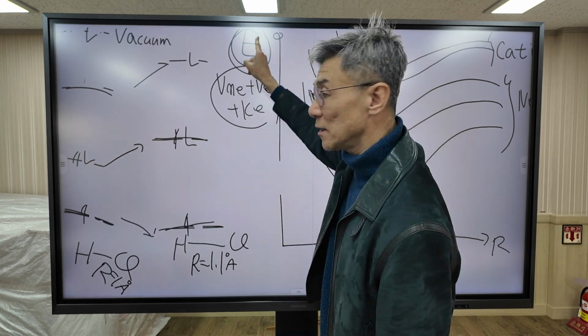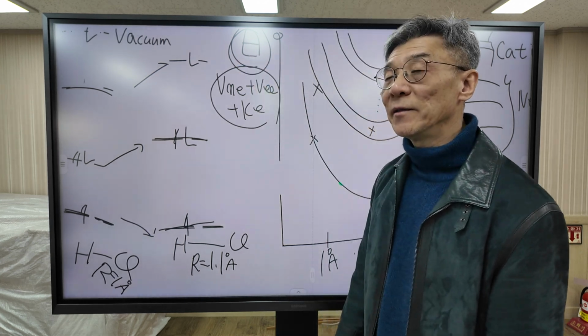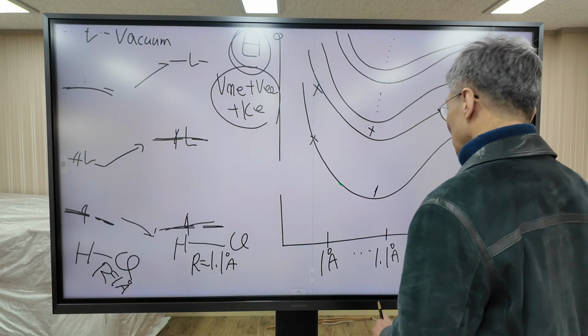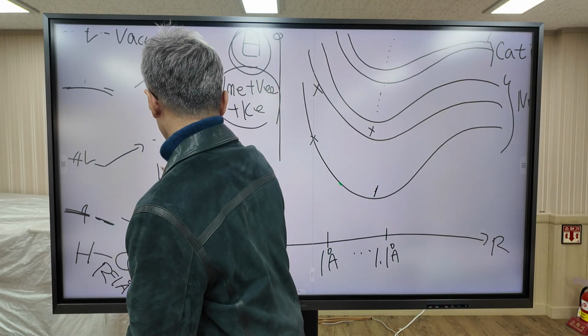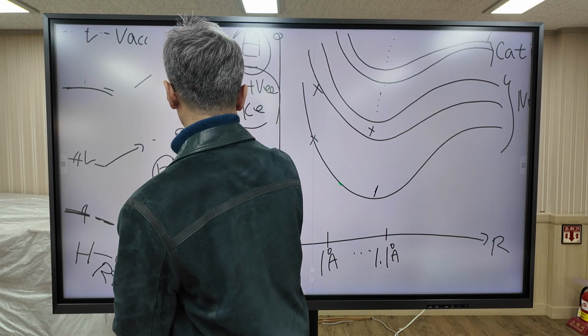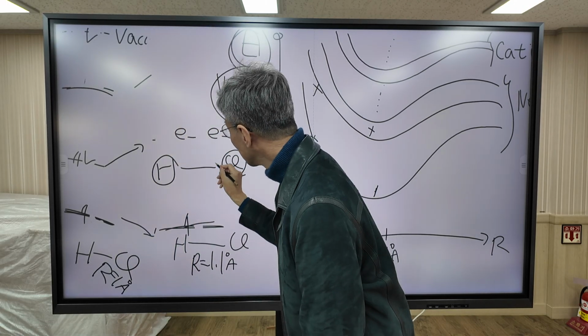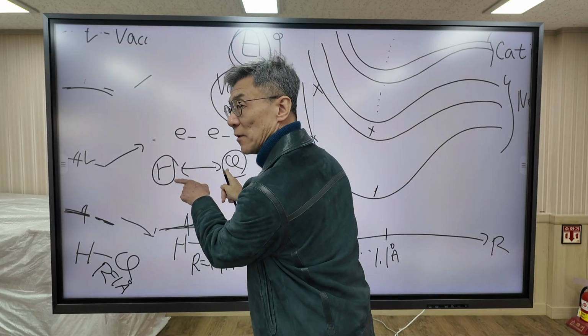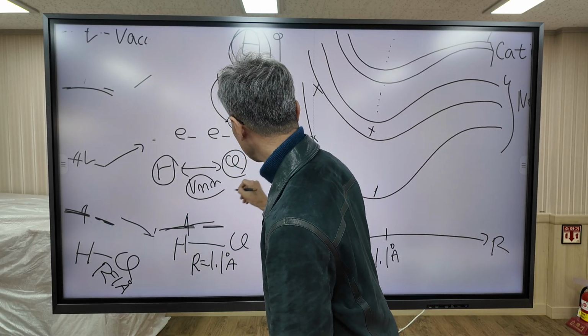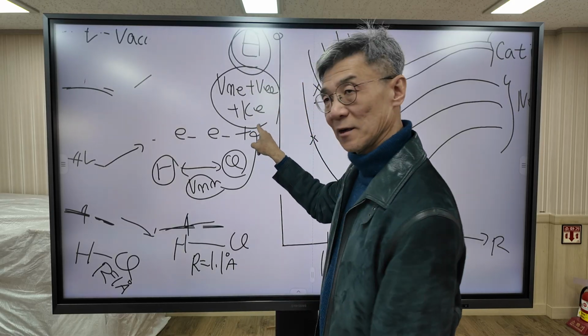And one more term must be included: the nucleus has repulsive energy. This term is called Vn and must be included here.